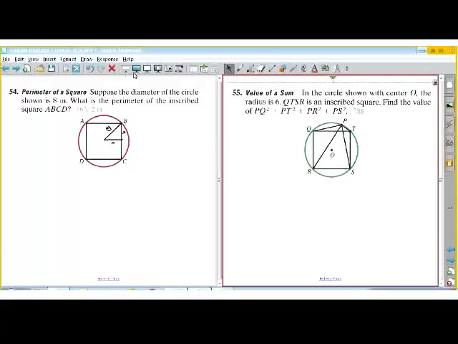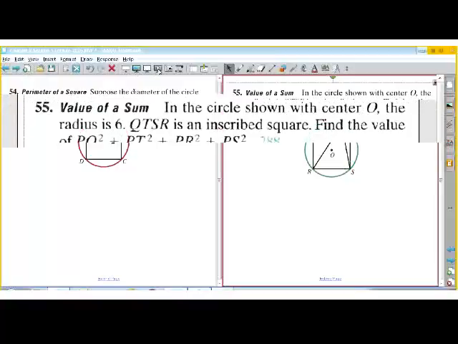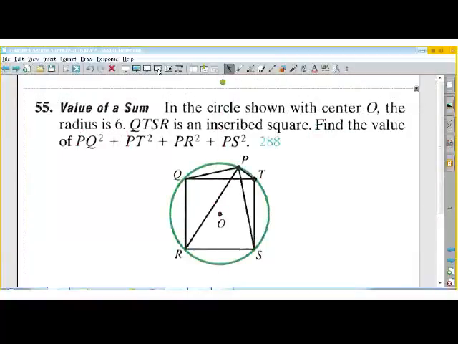Okay, this is a little more difficult. It says, in the circle shown with the center O and the radius 6, QTSR is an inscribed square. Okay, so we know what that is because we just did 2 problems. And you can see the square is defined by 4 letters, QTSR.